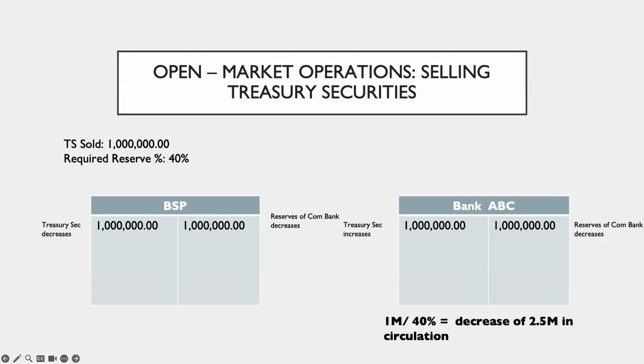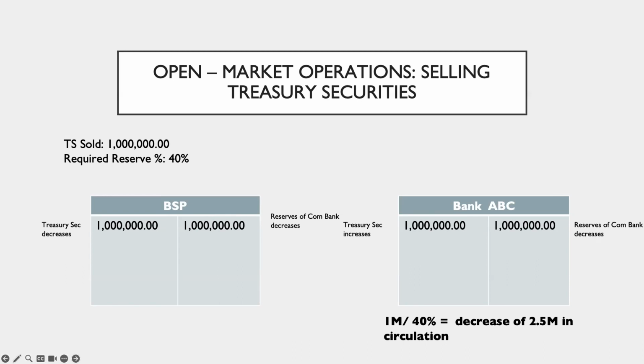From the perspective of the bank, the treasury security increases because they got it from the central bank. And in exchange, the reserves that they could have lent to other people decrease because they had to pay the central bank that amount.